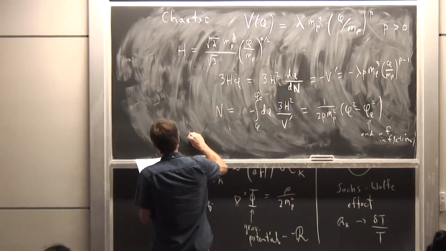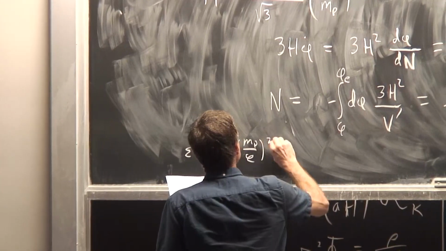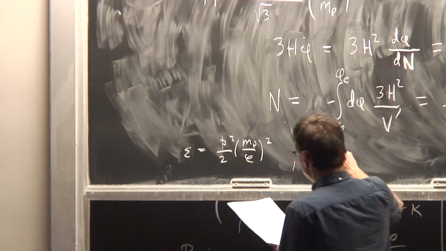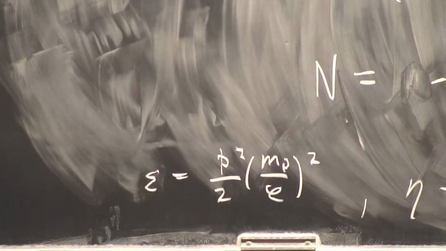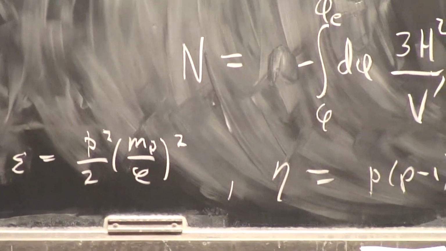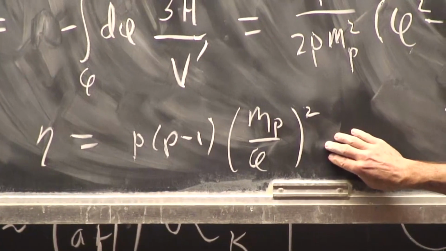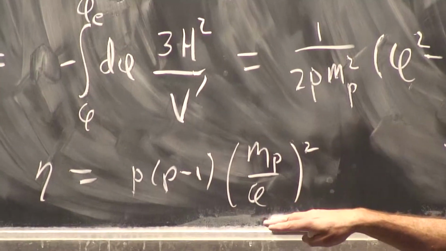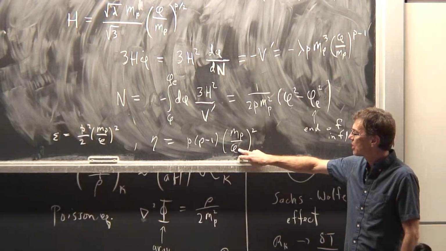And so let's write down the slow roll parameters. Epsilon is p squared over 2 times m Planck over phi squared. And eta is p times p minus 1 times the same thing, m Planck over phi squared. One thing you notice right away, we want those to be small during inflation. It means that phi has to be much bigger than the Planck scale.